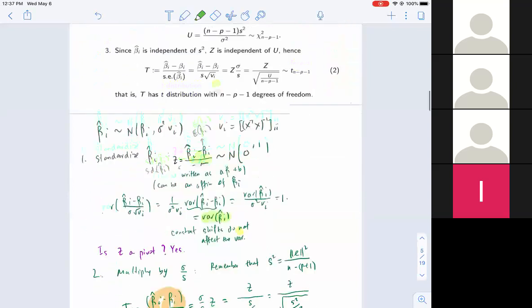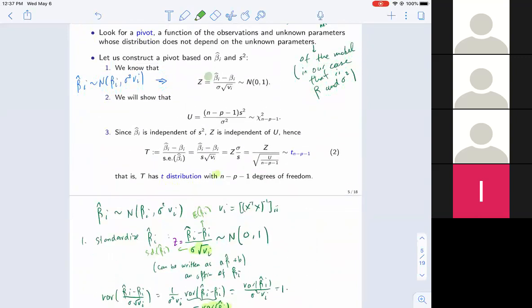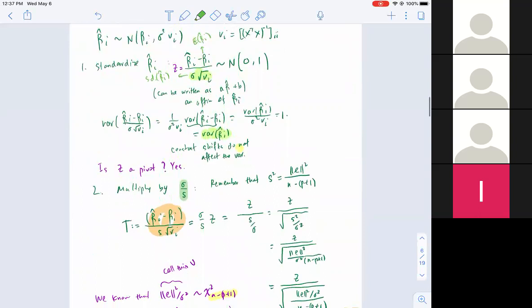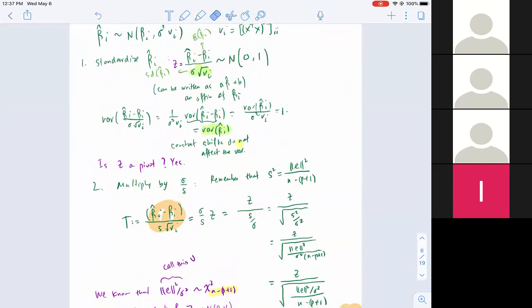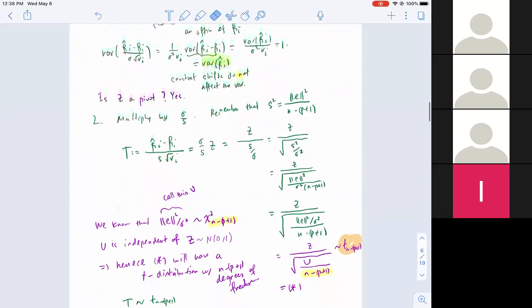So we multiply by sigma over s: effectively multiply by sigma and divide by s, so I get rid of sigma and replace it with s. That's going to be my new statistic. This new statistic does not depend on any unknown parameter besides beta i, which is good because I want to build a confidence interval for beta i.